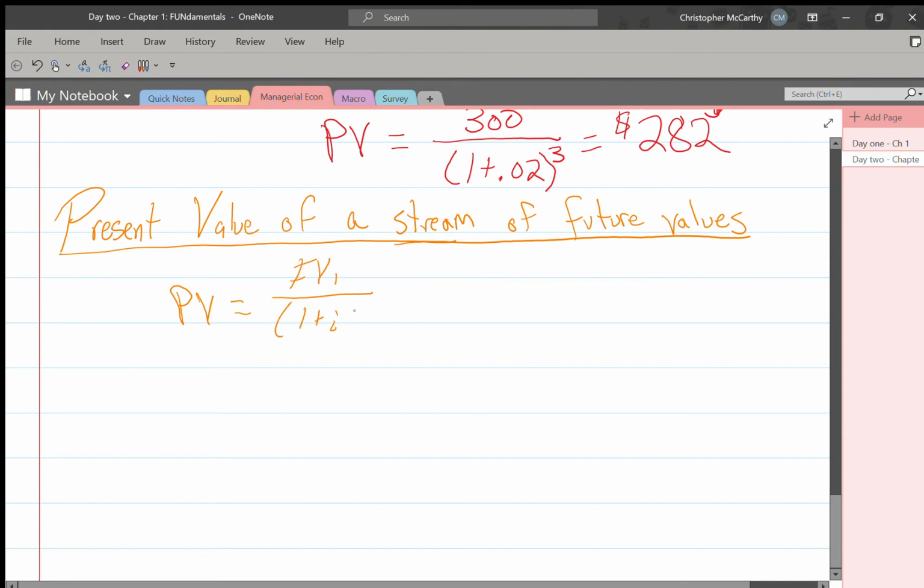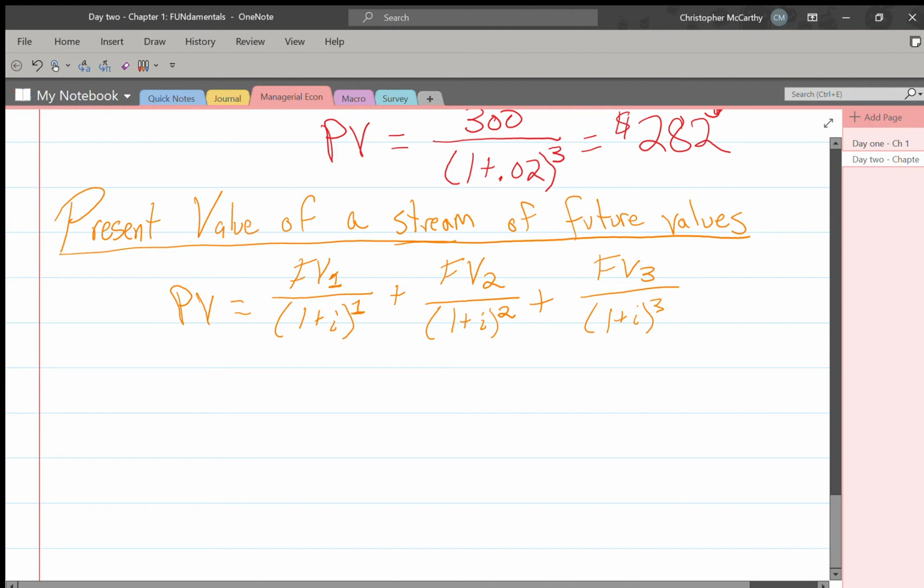FV1 over 1 plus I to the 1, plus FV2 over 1 plus I exponent 2, plus FV3 over 1 plus I exponent 3. So let's go ahead and do an example.